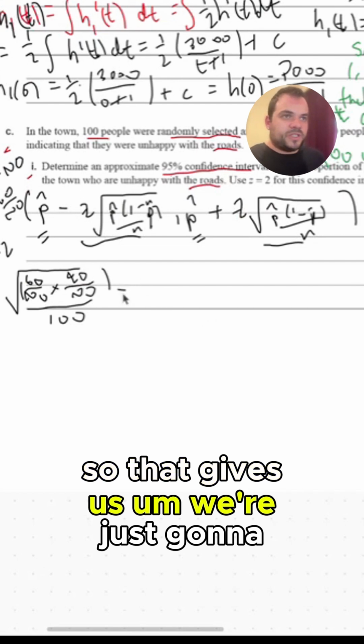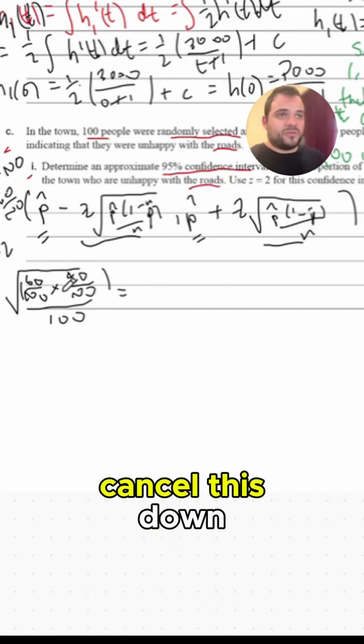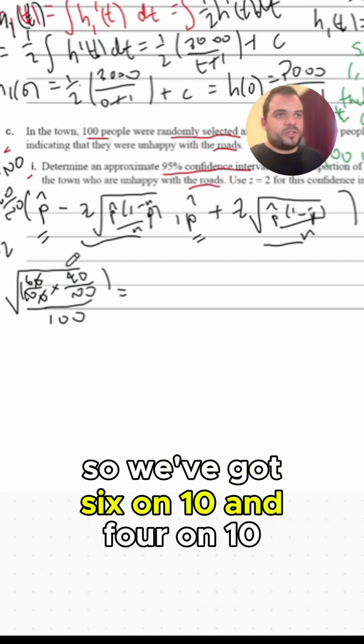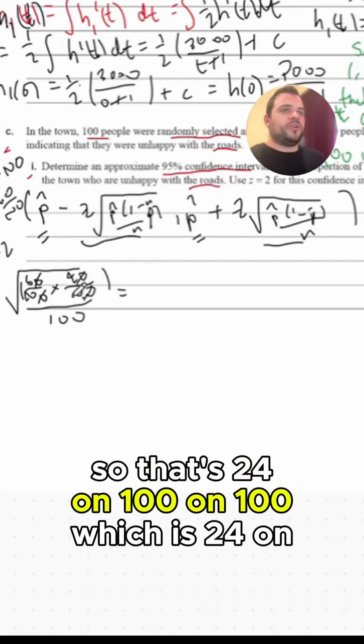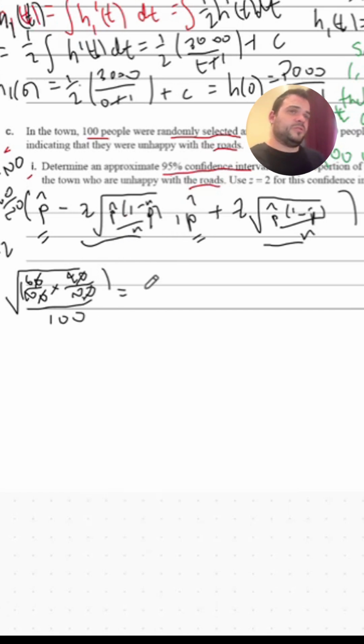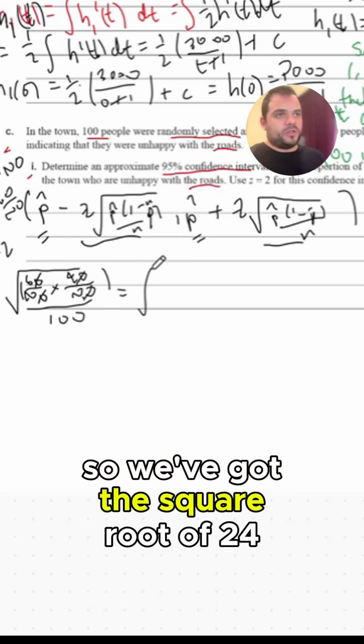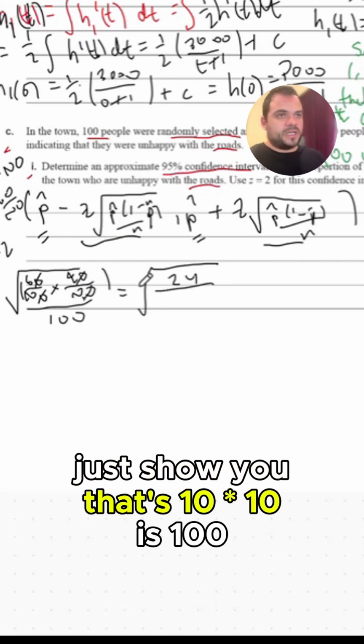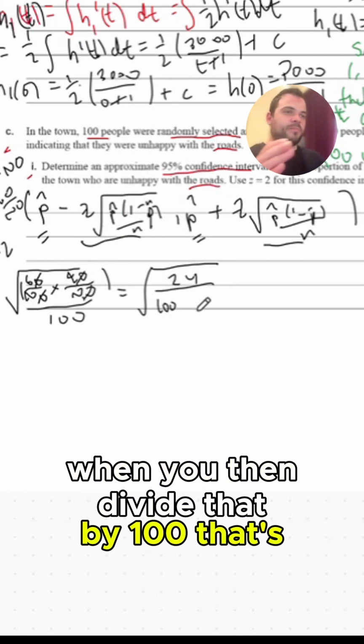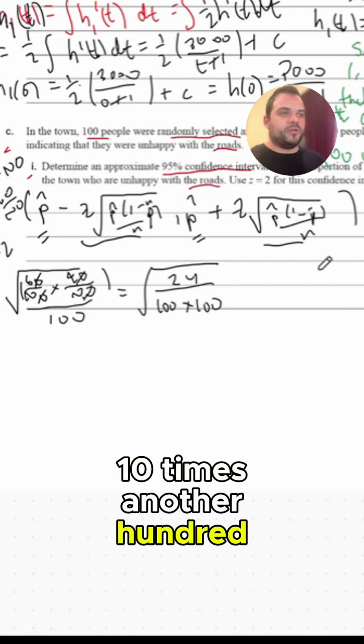So that gives us, I'm just going to cancel this down. So we've got 6 on 10 and 4 on 10. So that's 24 on 100 on 100, which is 24 on 10,000. So we've got the square root of 24. Just to show you, that's 10 times 10 is 100. When you then divide that by 100, that's 10 times another 100.